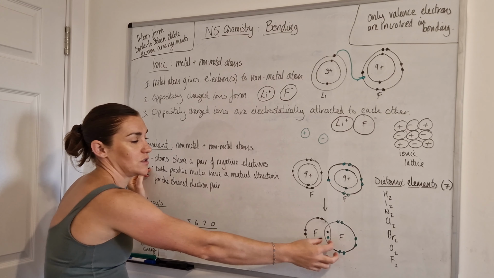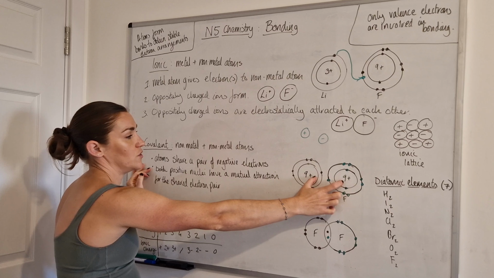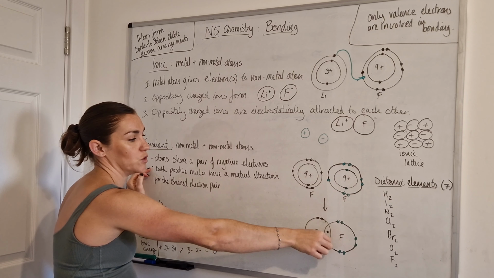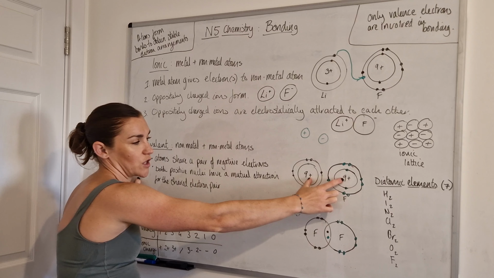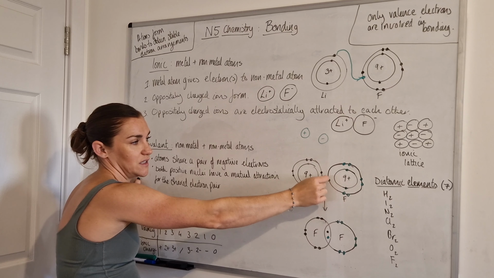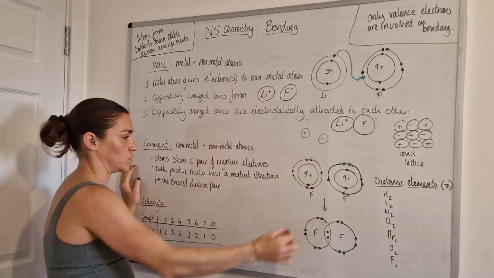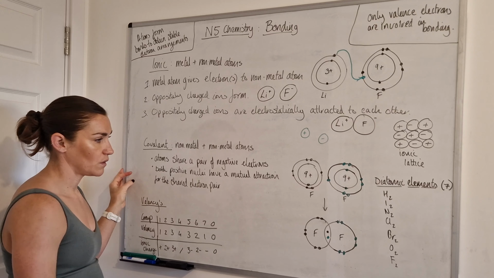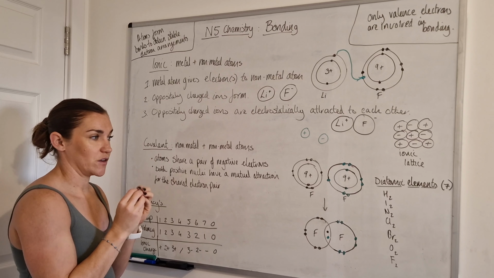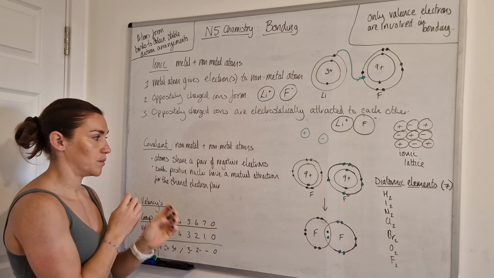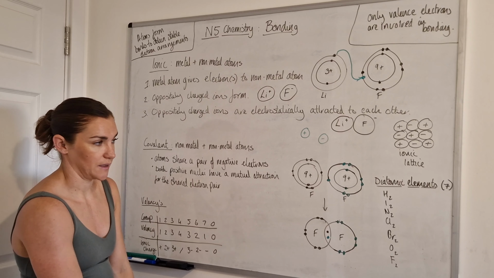And the reason these hold together is because their positive nuclei both have a mutual attraction for the bonding pair of negative electrons. So the positive charges here are attracting these negative charges, which then holds the whole thing together. Okay, so that's how covalent bonding works. It's a shared pair of negative electrons between two positively charged nuclei.